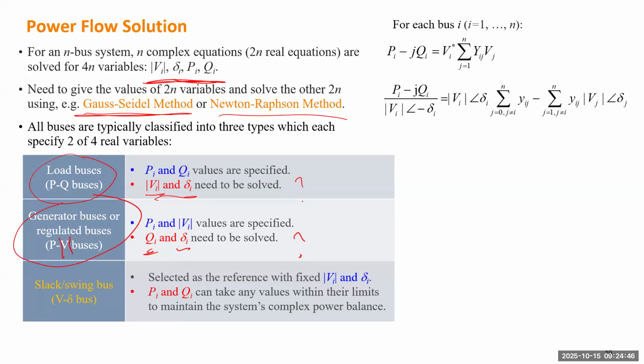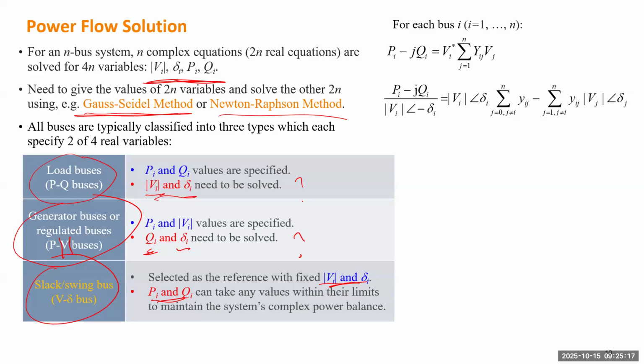So if we classify all buses of the system as generator buses and load buses, that is not enough, because you need to have another bus which can balance the power of the system at any time. So such a bus is called a slack bus or swing bus. For the slack bus, we assume we know the voltage magnitude and angle. And the P and Q can be any value.